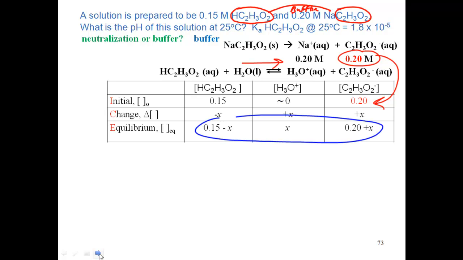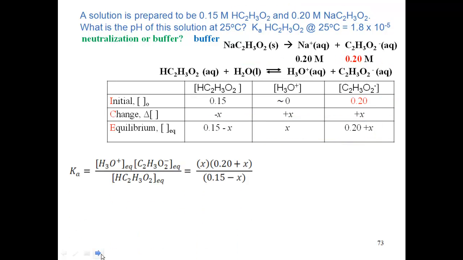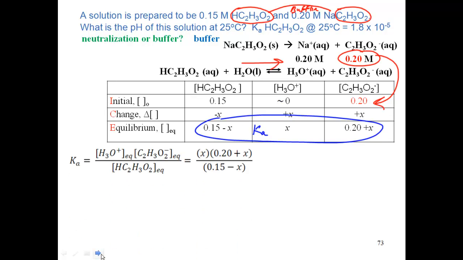Next important question, how are those related by the way that we're setting this up? In this problem, it's set up as a Ka. So Ka is equal to my concentration of hydronium times my concentration of acetate divided by my concentration of acetic acid. Plug in my values: X for hydronium, 0.2 plus X for my acetate, and 0.15 minus X for my acetic acid.